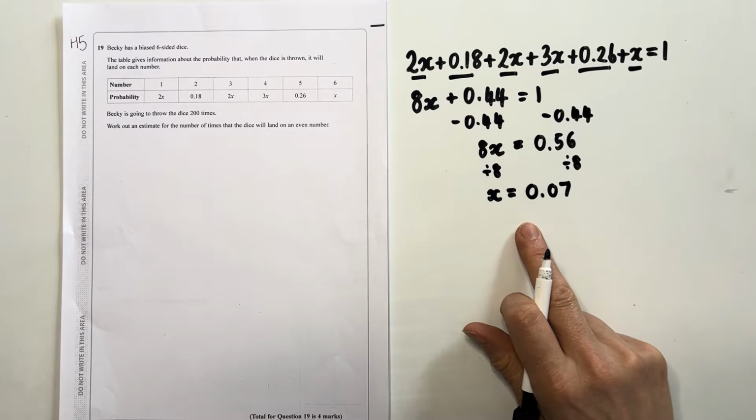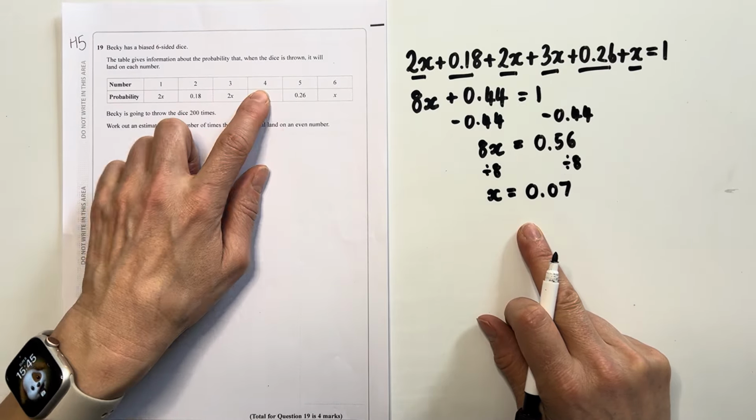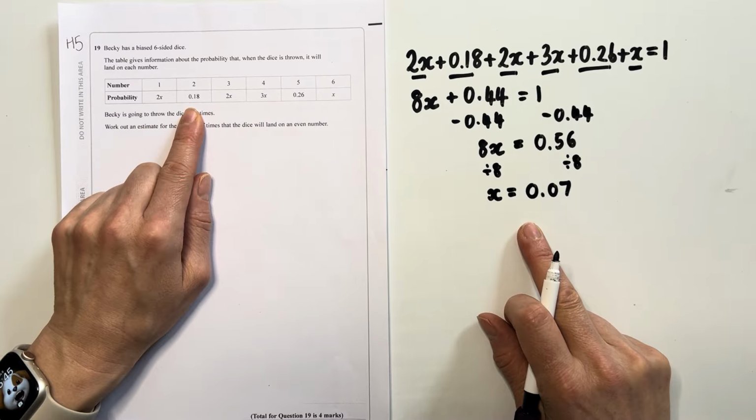Now we know what x is, we can then look at each of the even numbers and what the probabilities will be.